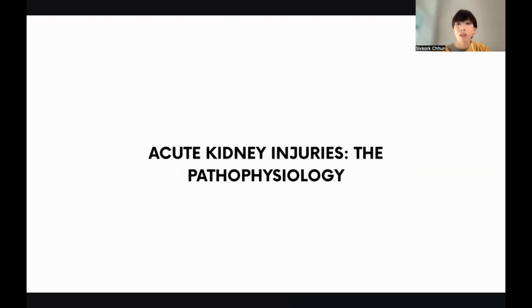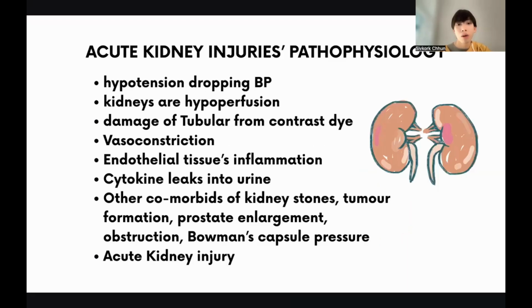The pathophysiology of acute kidney injuries involves hypotension, which means when the blood volume pressure drops, causing the kidney to be hypoperfused, leading to damage of the tubules. Usually a strong antibiotic side effect can damage the tubules, or the contrast dye of an X-ray, or radioactive dye.